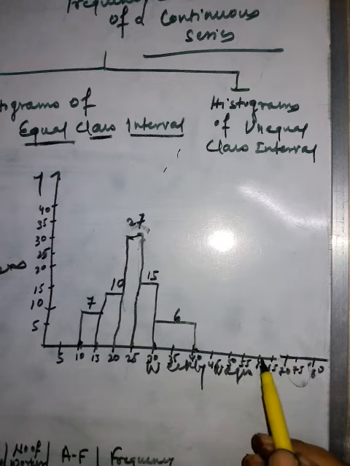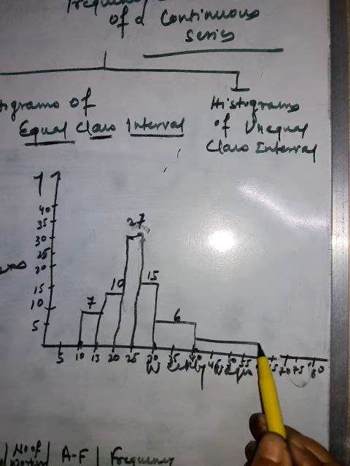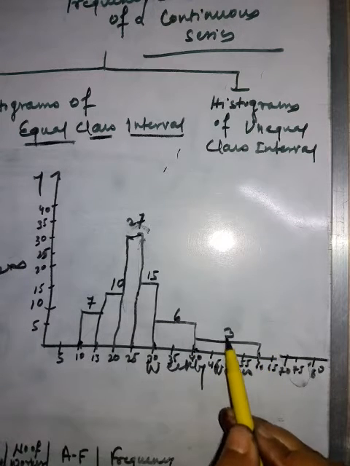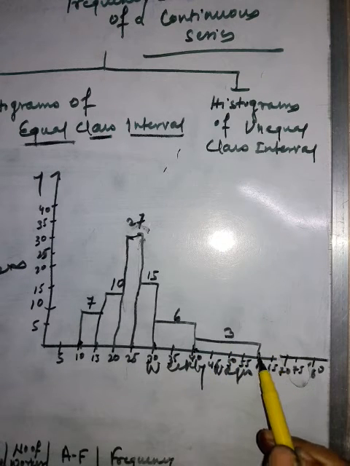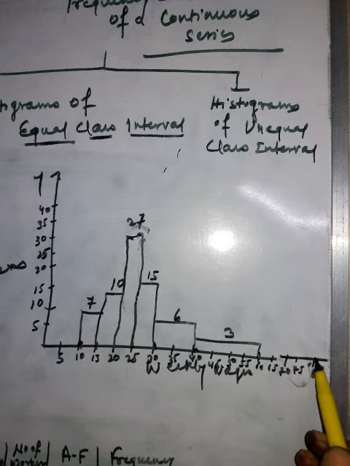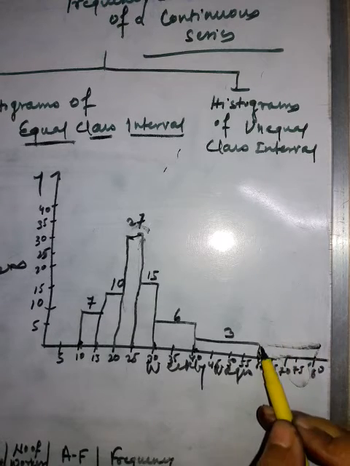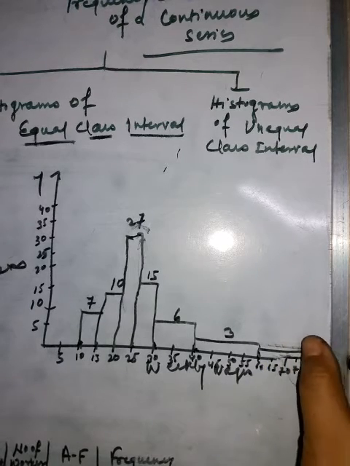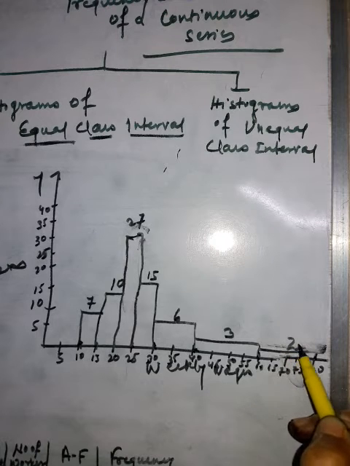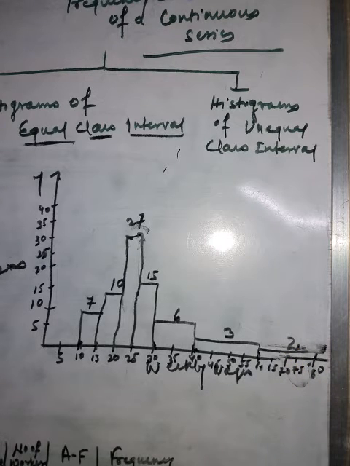So 40 to 60, 3, and then 60 to 80, of course, sorry, it is 2, so here will be 2. That is the histogram of unequal class intervals.